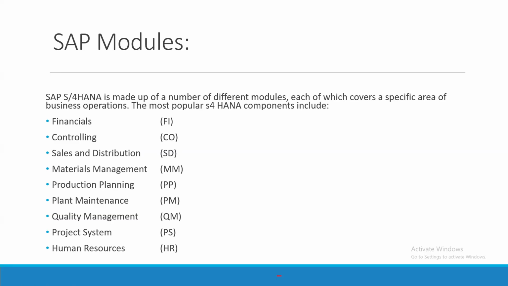So these are called SAP modules, which deal with the departments of your company as per your requirement. Please let me know if you have any query on SAP modules. No, ma'am. Okay.